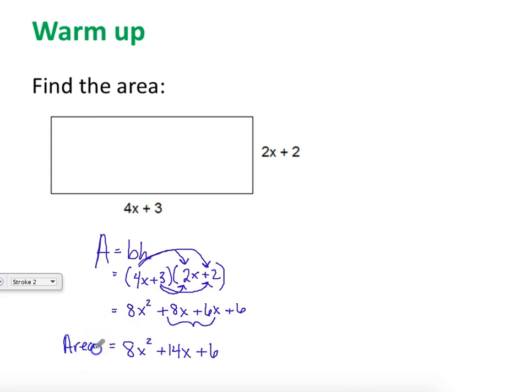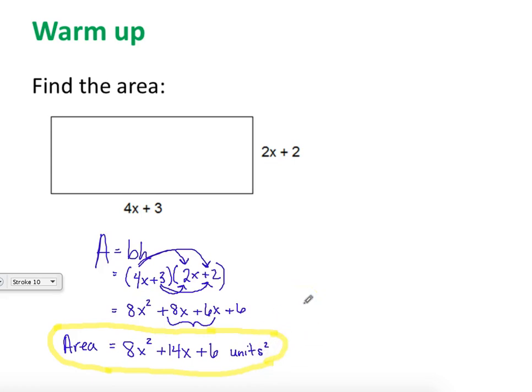Remember, area has units of measurement. We use units squared. Since I don't have any units given, I'll just put units squared there so that we remember that when we're working with area, we always use units squared. Whether it be centimeters squared or meters squared, it's a part of our answer, and we need to remember that we put units of measurement as part of our answer.